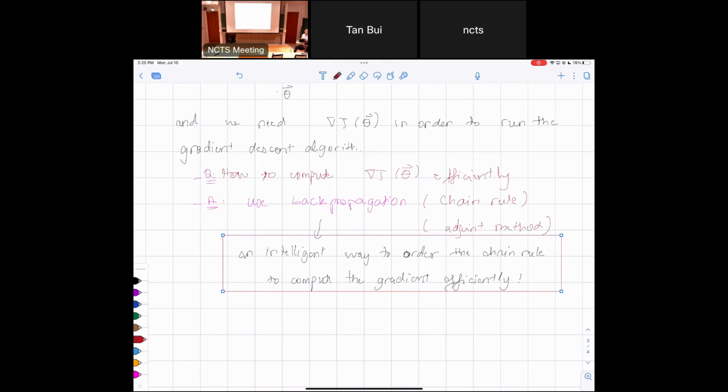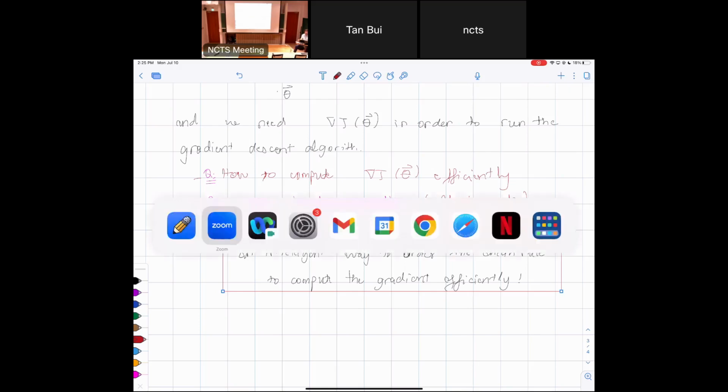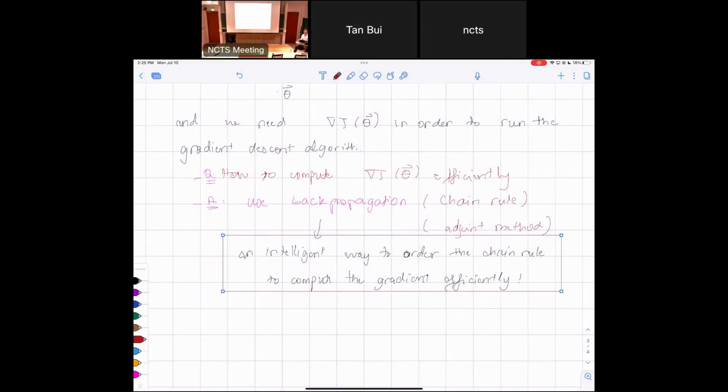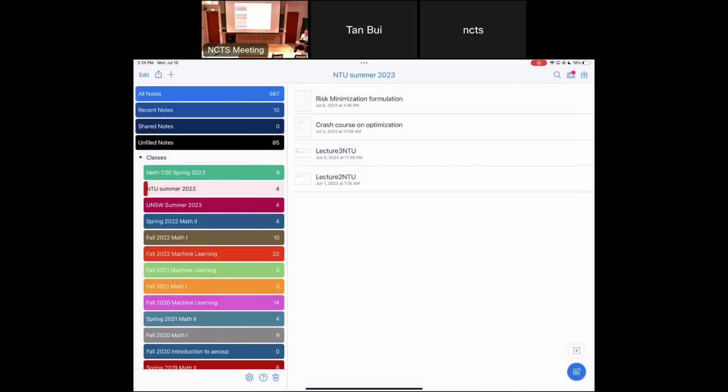Any other questions before we go into the chain rule? It's so funny, because I came all the way from America to here just to teach you the chain rule, which you already learned in high school.